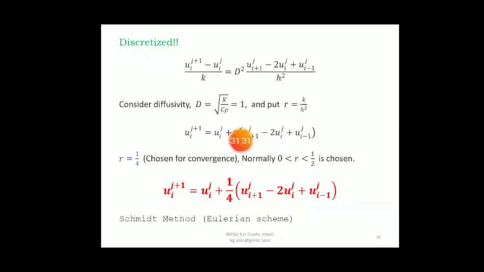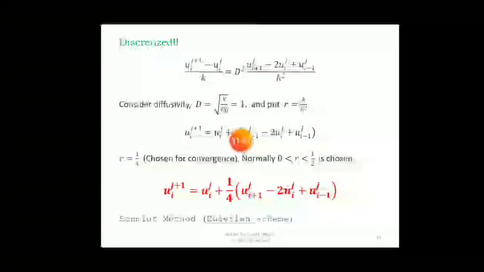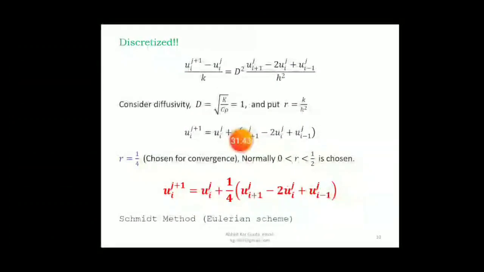Of course, this is an Eulerian scheme, and you should know that there are very many methods, like Lax's method, the Lax-Wendroff method, and the Laasonen method. In this formula you have used forward difference for time and central difference for space.